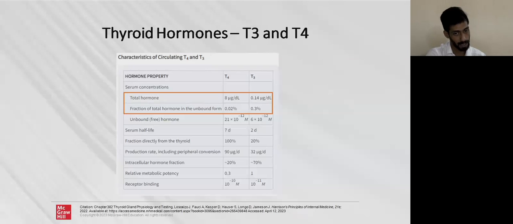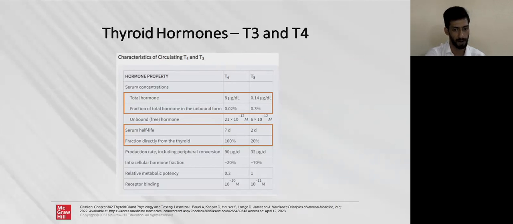That's the first thing to understand. The second thing is the half-life. T4 has a half-life of about 7 days and T3 about 2 days. The same applies for pharmacological preparations. And like I previously mentioned, T4 is almost exclusively from your thyroid, whereas T3 is only 20% from the thyroid.